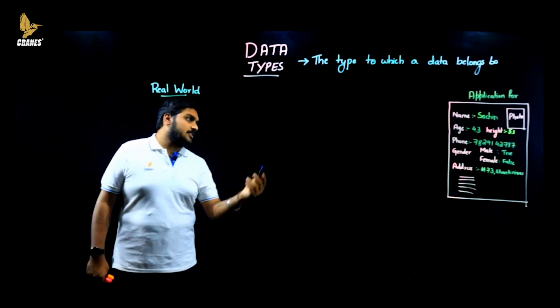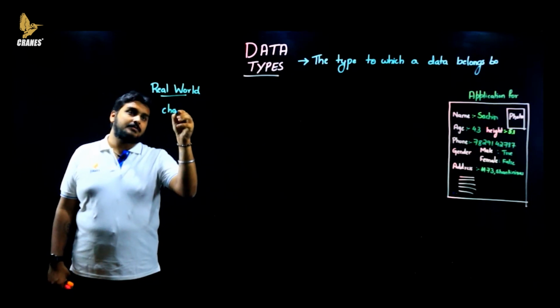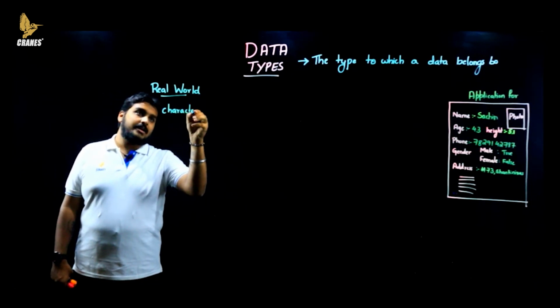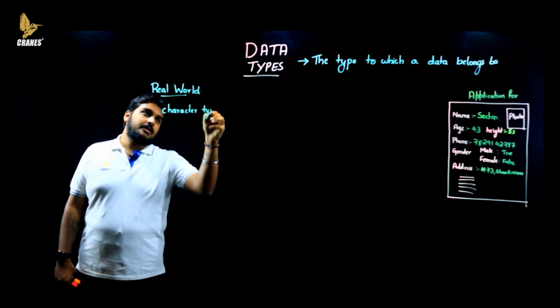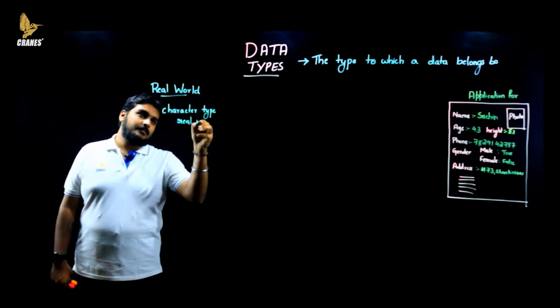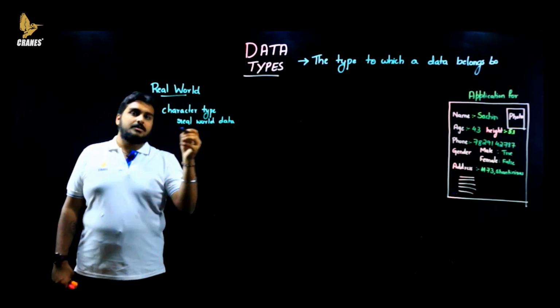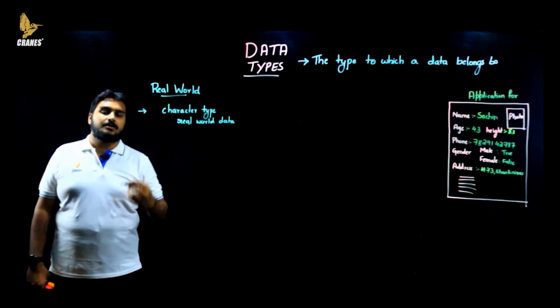If we see the first one, it is a series of characters. It is a character type real world data. This is your first categorization.